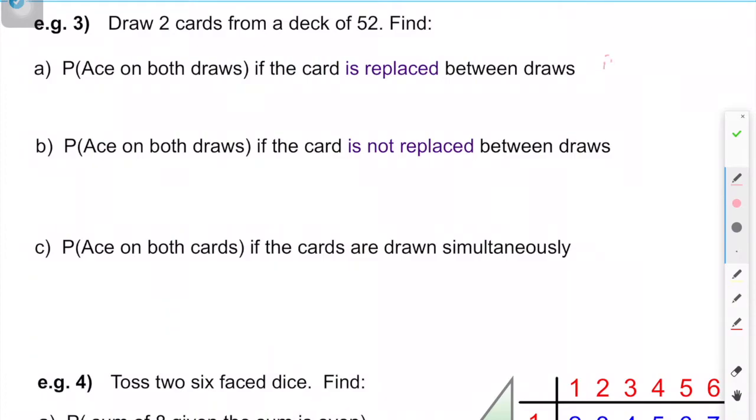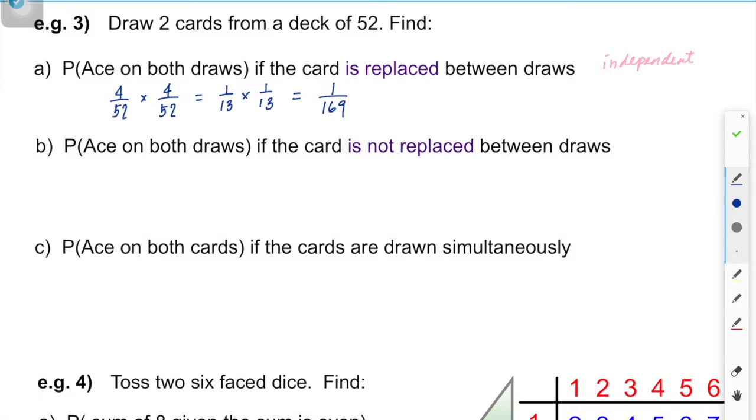So these are independent events. Let's calculate the probability. First card, 4 aces out of 52 times 4 aces out of 52. These are both 1 out of 13 times 1 out of 13, so you get 1 out of 169.